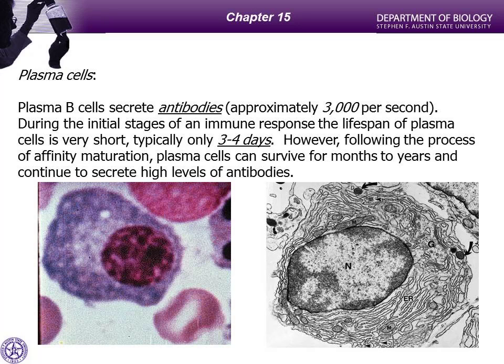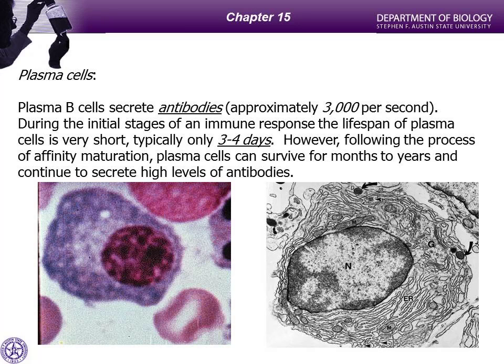And antibodies being proteins, it's no wonder when you look in the cytoplasm, you see tons and tons of endoplasmic reticulum, rough endoplasmic reticulum, because that's the protein factory for secreted proteins. So antibodies are produced not by B cells. They're produced by plasma cells that are derived from the B cells. So they're in the B lineage.